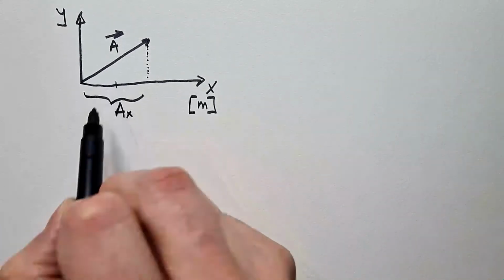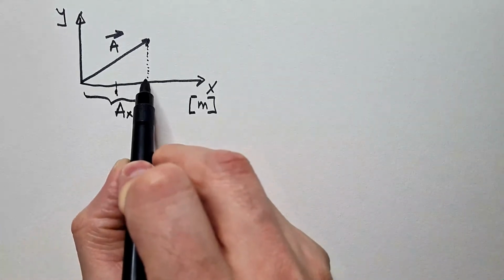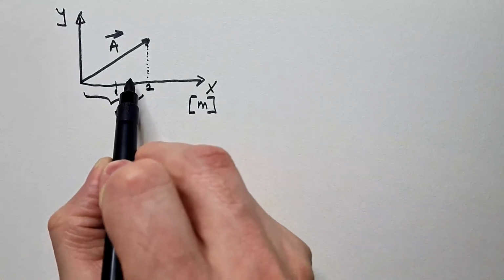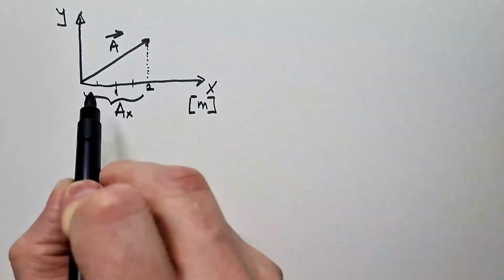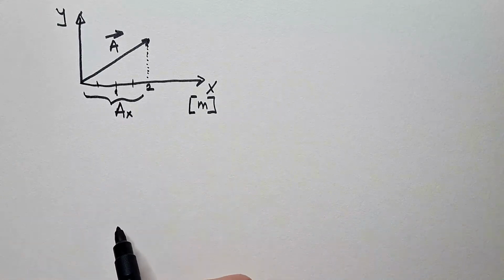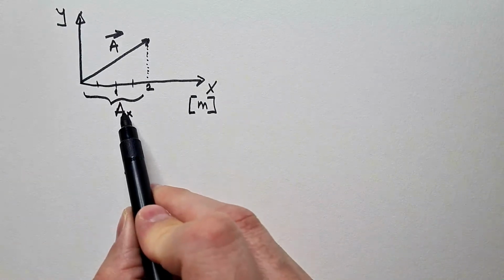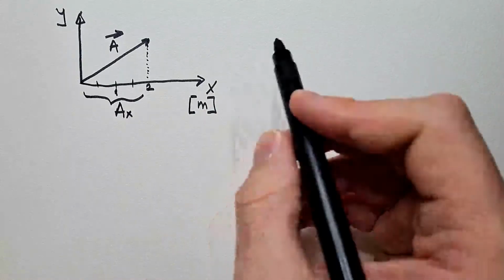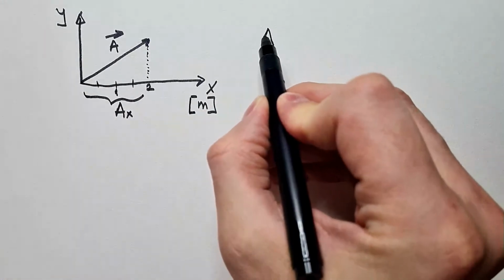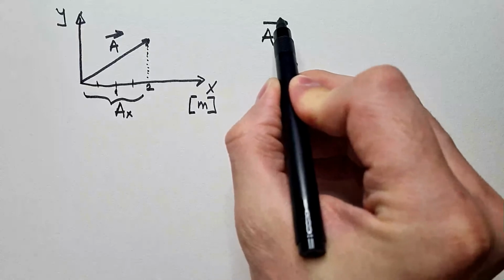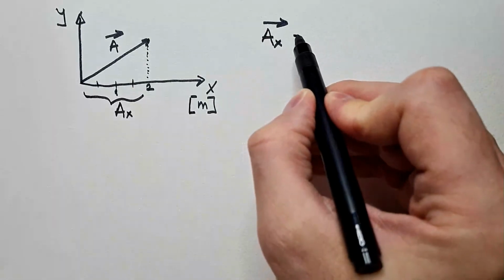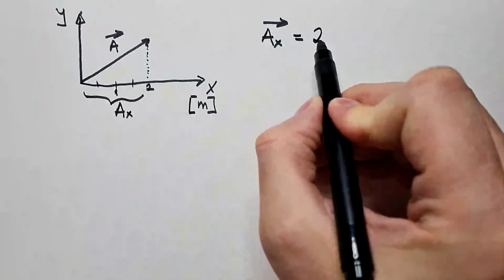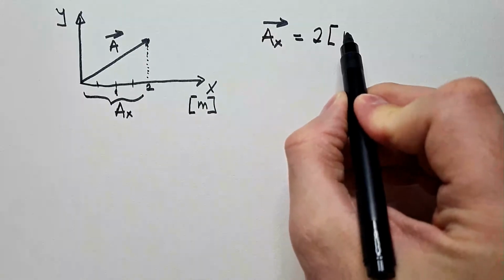And over here is 1 meter. Let's say this is 2 meters. Clearly this would be 1.5. This would be half a meter. What would be the Ax component of vector A? Well, the Ax component of vector A would be 2, and the unit is meters.